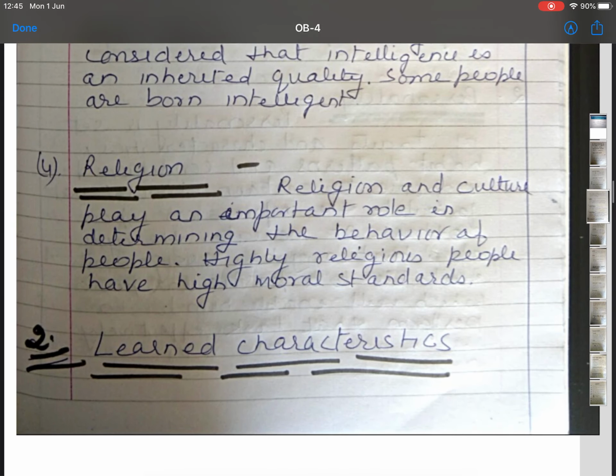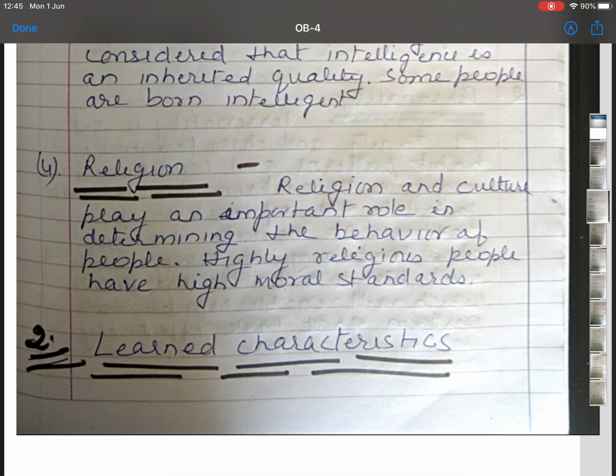Then fourth is religion. Religion and culture play an important role in determining the behavior of people. Highly religious people have high moral standards and generally do not tell lies or talk ill of others.